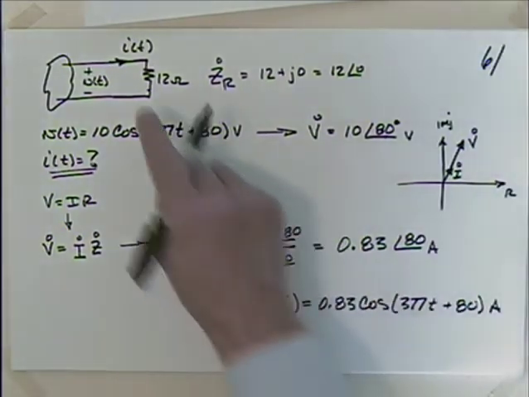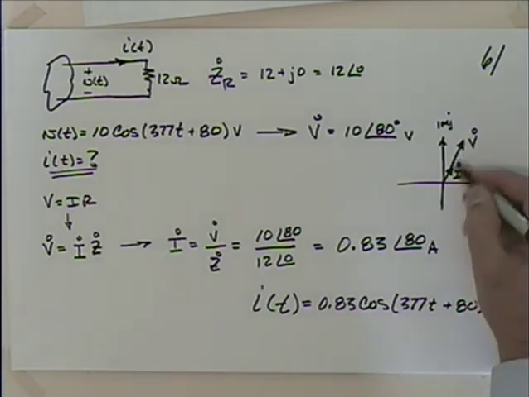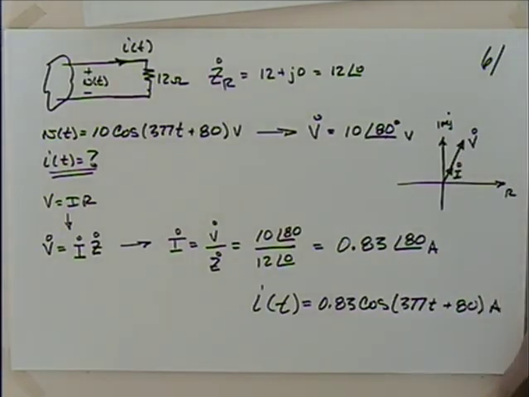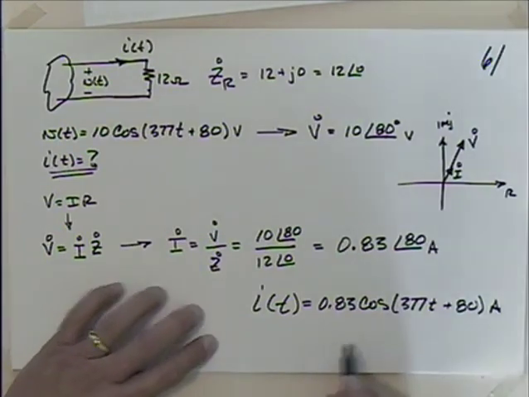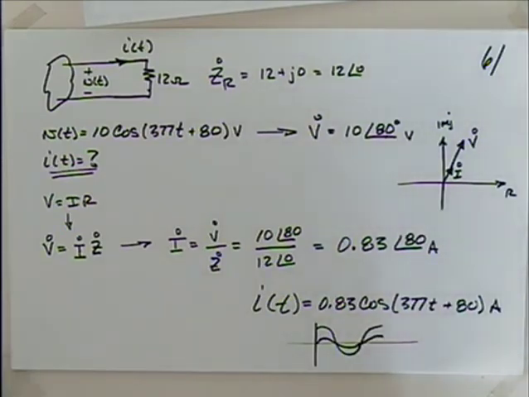So we'll find out that a resistor allows the current and the voltage to be in phase. In the time domain, these would be rising and falling at the same time. They might have drastically different amplitudes, but they would be in phase. Okay, I think that's good for that.